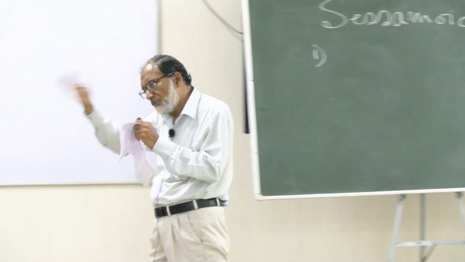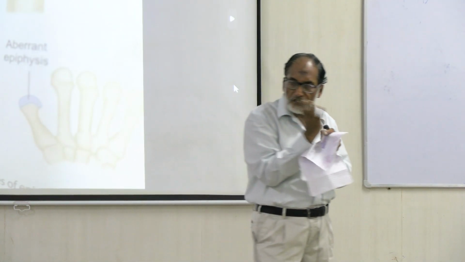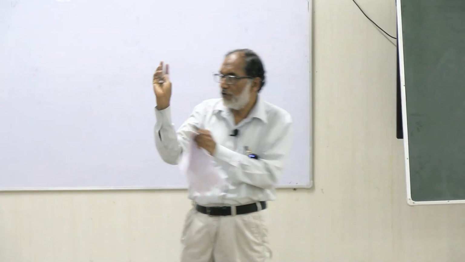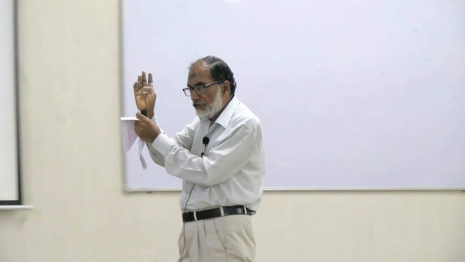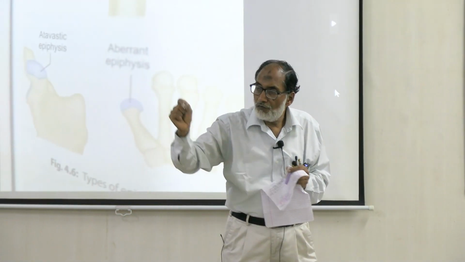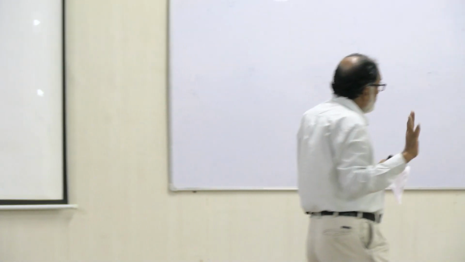There are many sesamoid bones; I am just mentioning three or four. Another important sesamoid bone is the pisiform. It is found in the wrist region. It develops within the tendon of the flexor carpi ulnaris muscle.